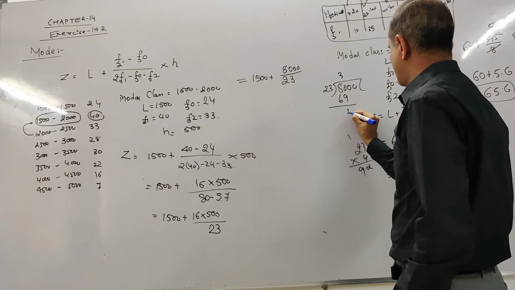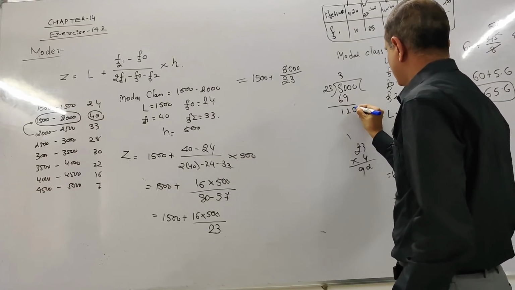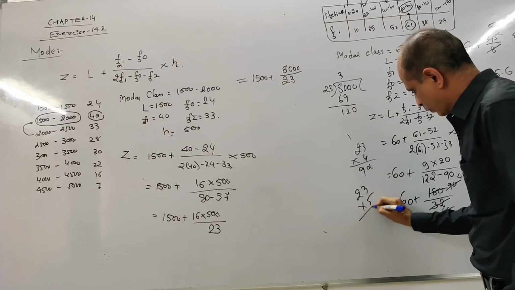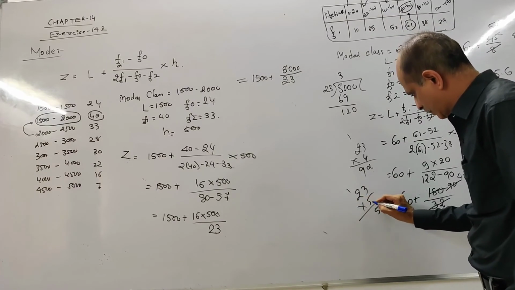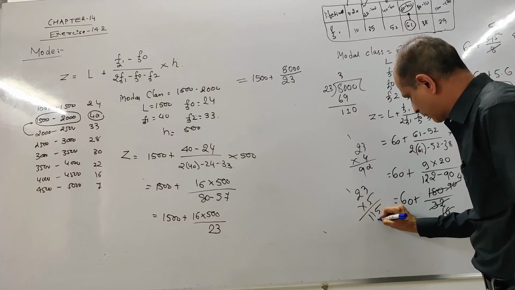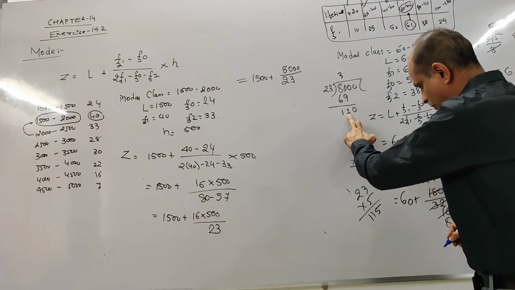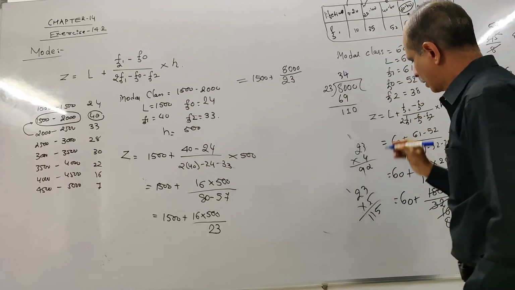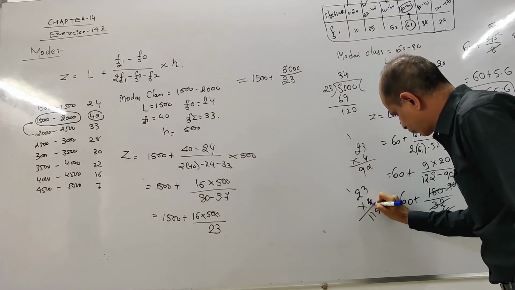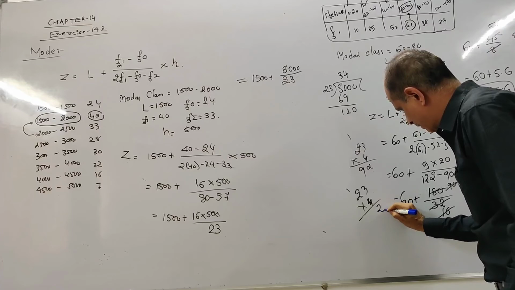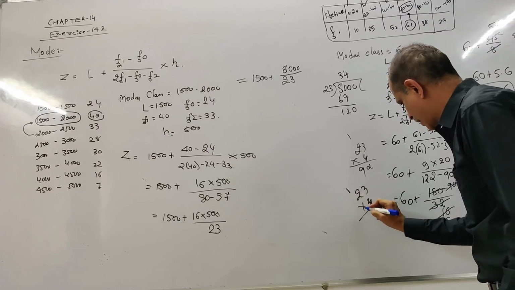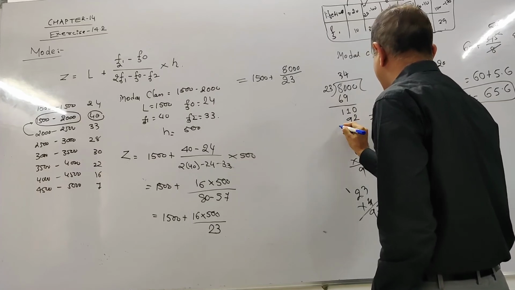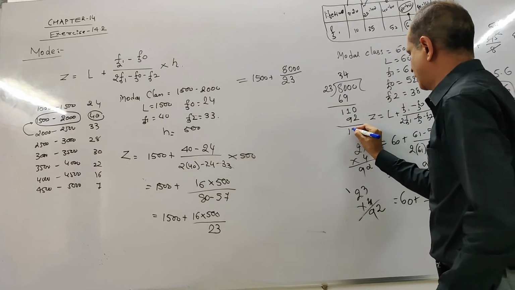So you get 11, then 0. So 23 5s are 115, greater than 112. So you can take 23 4s are 92. So here you have to write 92. So 180.